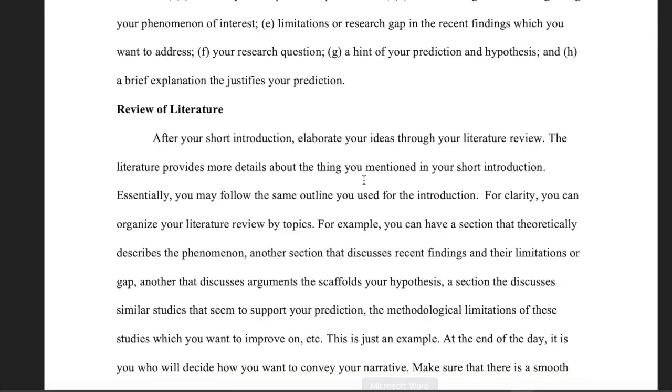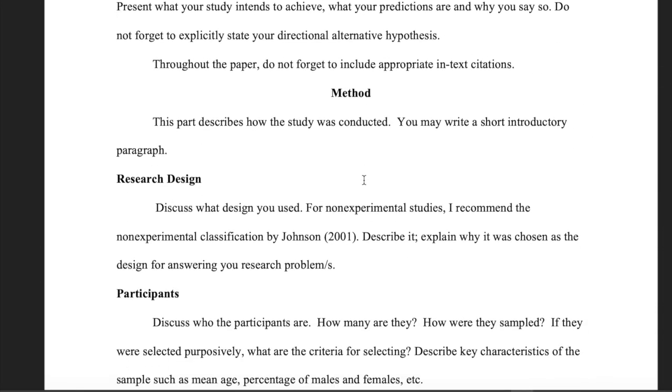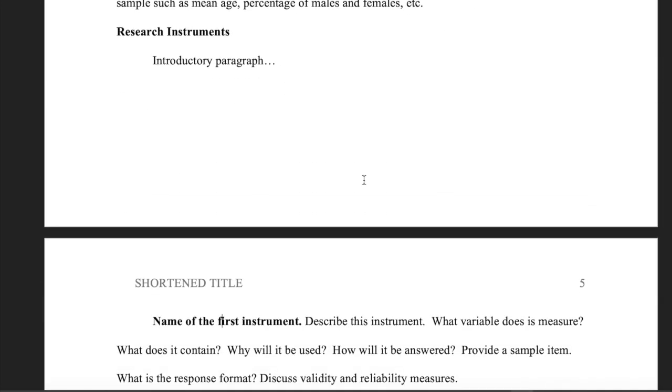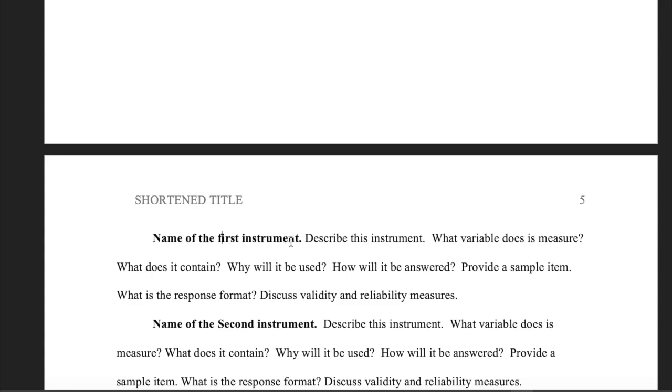So this is an example. Don't write the name of the first instrument; write the actual name of the first instrument. Indented, lowercase headings, except of course for the first letter and proper nouns, and with a period, and then the body of that particular section.